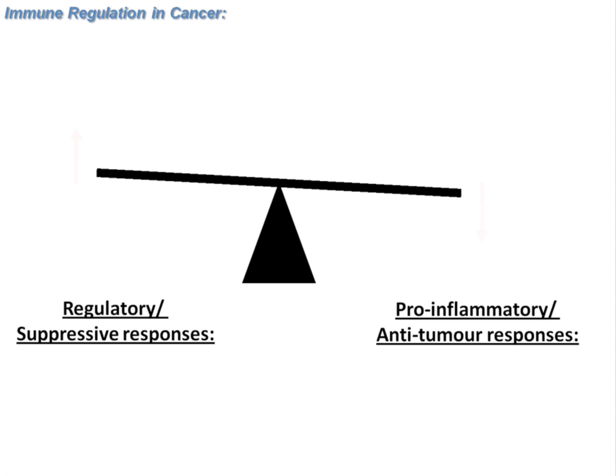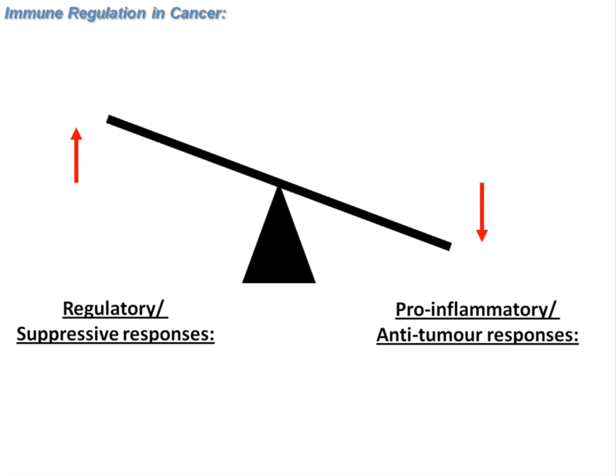In that way, the seesaw tips the balance the other way, and unfortunately the anti-tumor response is suppressed. So a lot of the work we do in our department is trying to address that imbalance, and to look at improved therapeutics for this.